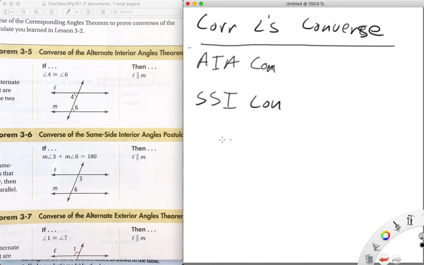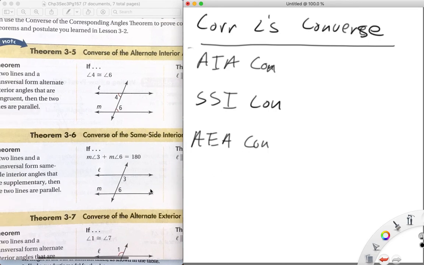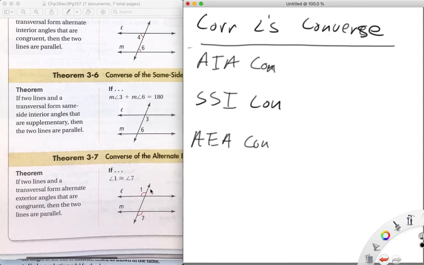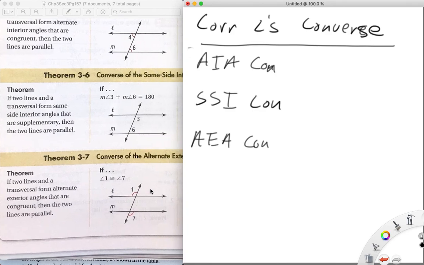And then lastly, we have alternate exterior angles converse. And that says, if two lines and a transversal form alternate exterior angles that are congruent, then the two lines are parallel. Okay, we have 1 and 7, they're congruent, they're alternate exterior angles.